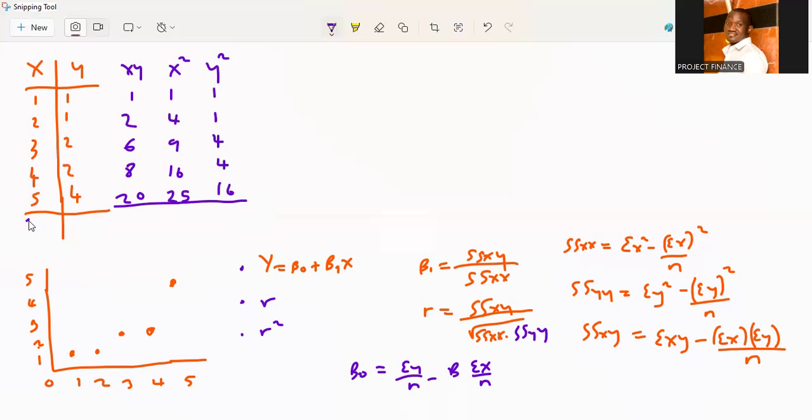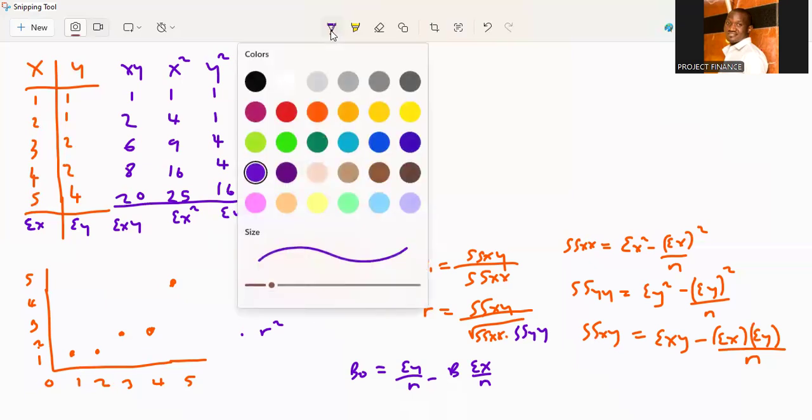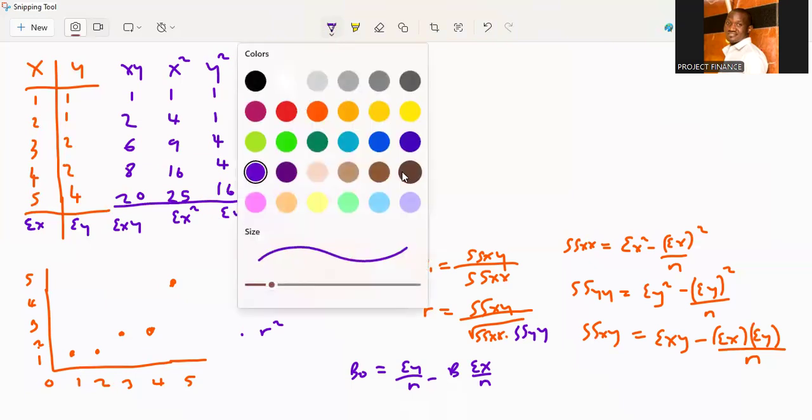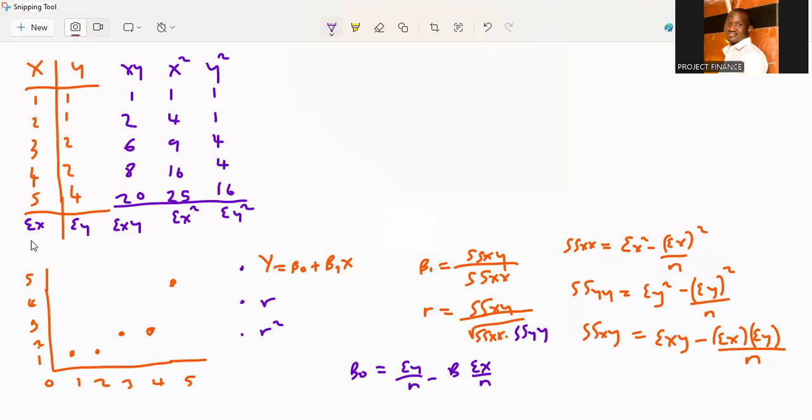So here is summation of x, summation of y, summation of xy, summation of x squared, and summation of y squared. So what totals are we getting? 47.